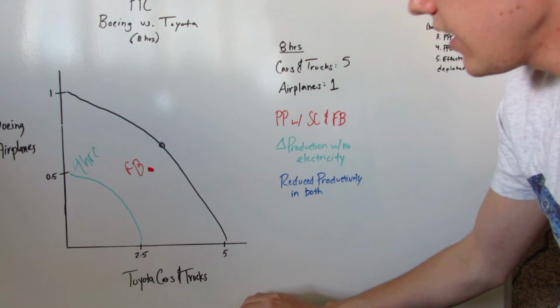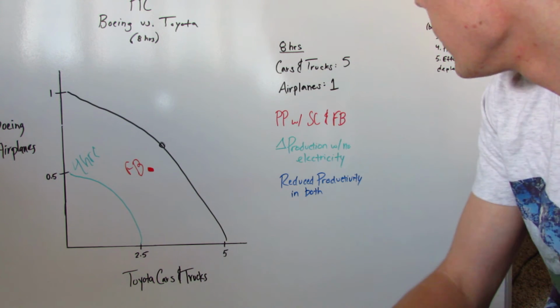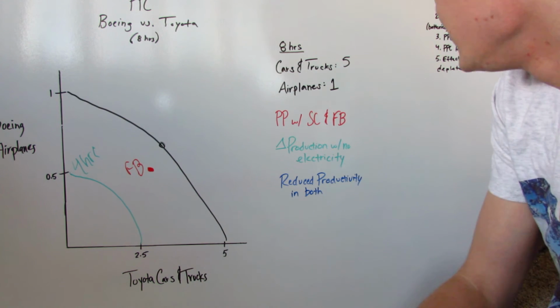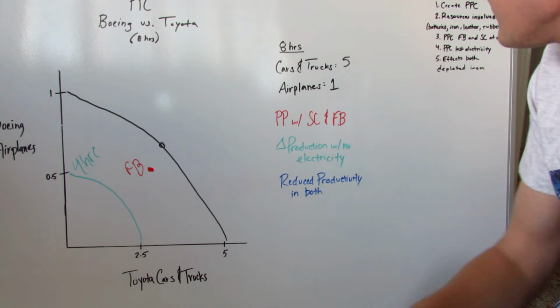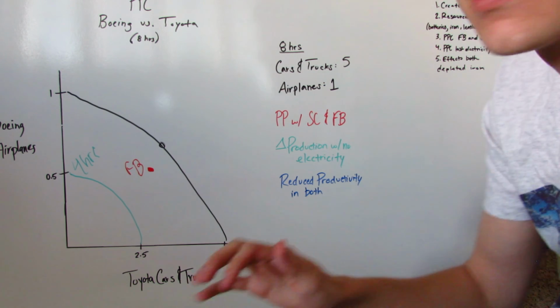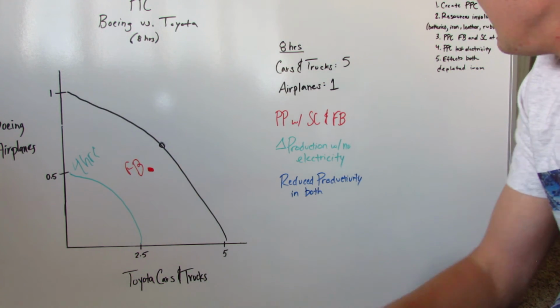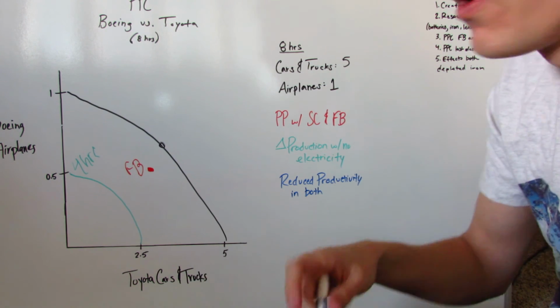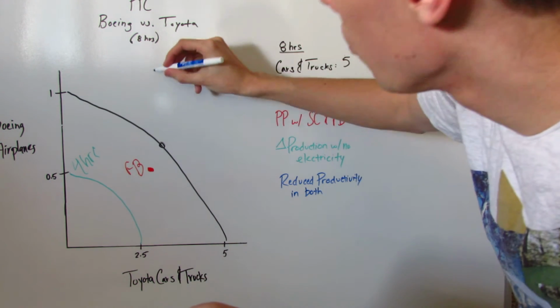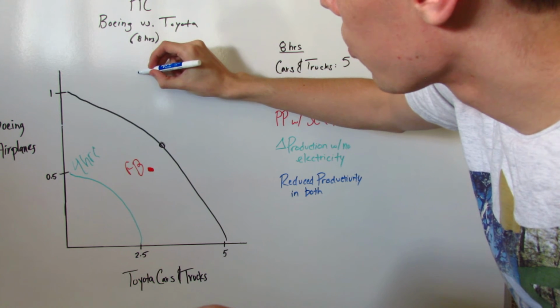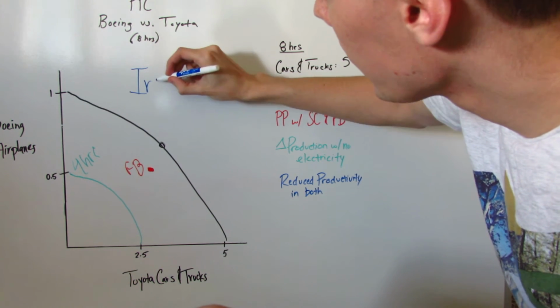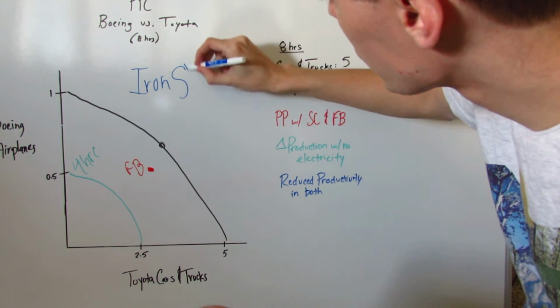And finally, we have the last scenario: what's another thing that would reduce the productivity of both of these? The example I'm going to give is a worldwide iron shortage.